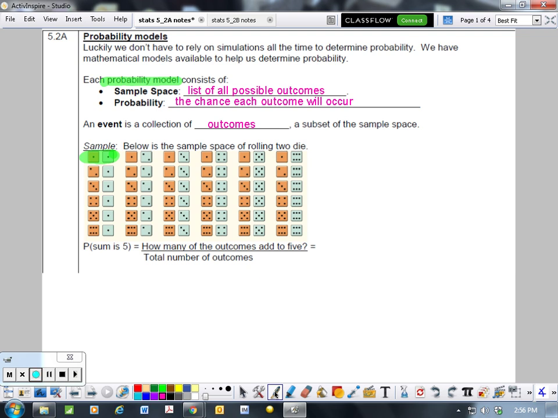When I look at this, I can figure out how many different outcomes there are. So 1, 2, 3, 4, 5, 6, and then I've got another row, 1, 2, 3, 4, 5, 6. So 36 outcomes, which are equally probable. So each one has a chance of 1 out of 36.